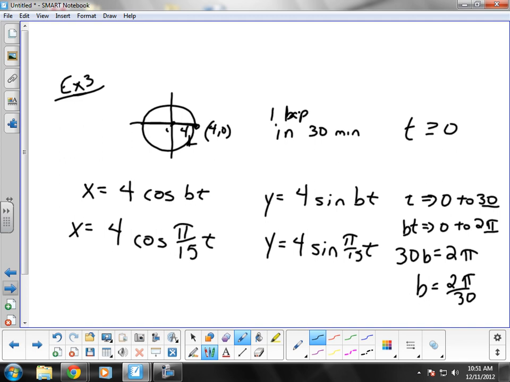All right. So we will always use 2 pi because that's our entire period. But if they give us a time, then we'll have to do that as our revolution. Remember you asked me a while ago, will I always use 2 pi? 2 pi won't always be the number I put in here for b, though. If they give me a measurement of time, then I've got to set it equal to the 2 pi. And the measure of time needs to be how long it takes to complete one lap or one complete circular unit there. Okay? Is everybody good?